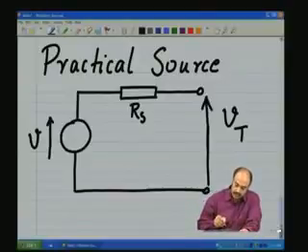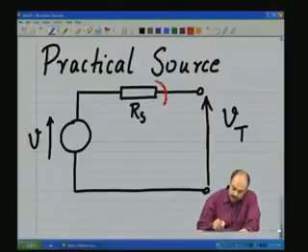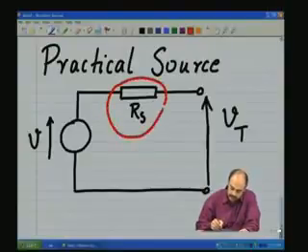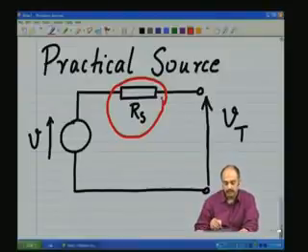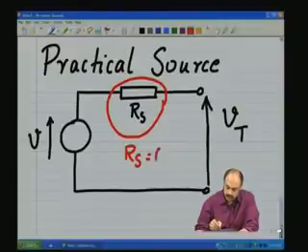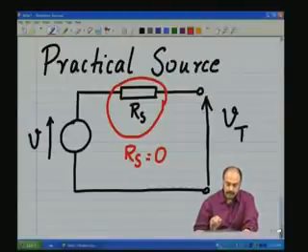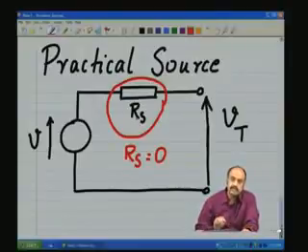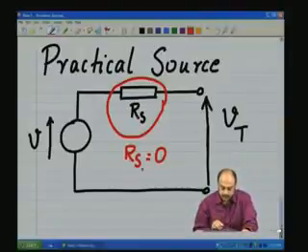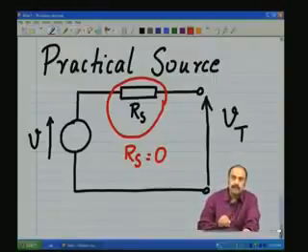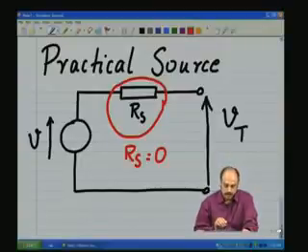Okay. In the case of the ideal source, this component was not there. Rs was equal to 0 in the case of an ideal source. But in the case of all real practical sources, Rs is a finite, non-zero value, and it has an effect on the VI characteristic of the source.